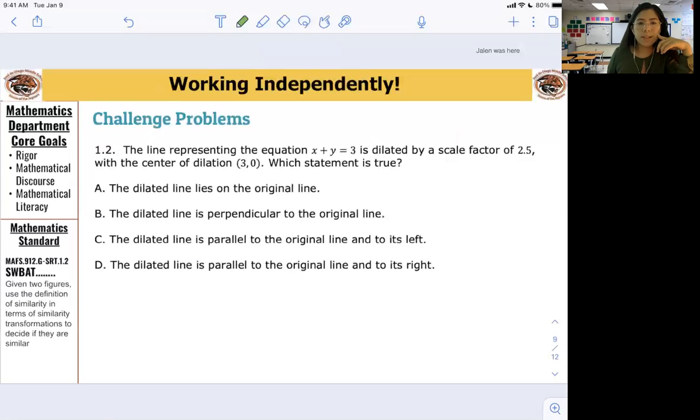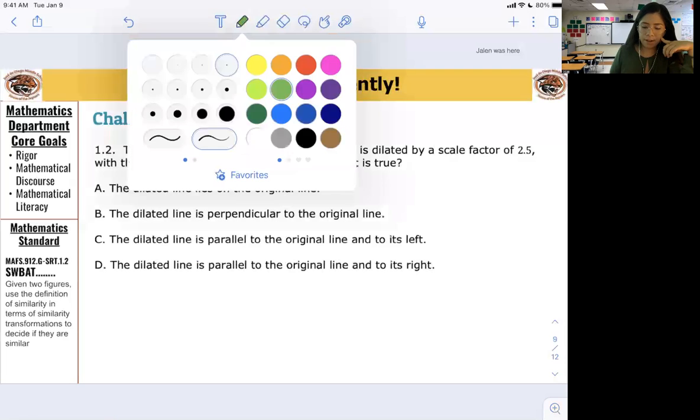Okay, the line representing the equation x plus y equals 3 is dilated by a scale factor of 2.5 with the center of dilation at 3, 0. Is 3 comma 0 on the line? How do you know?